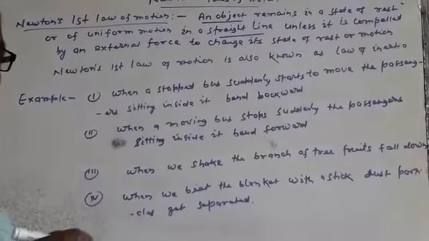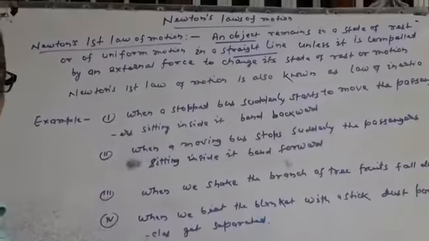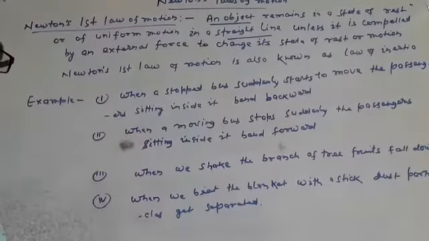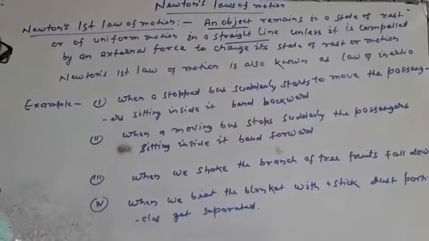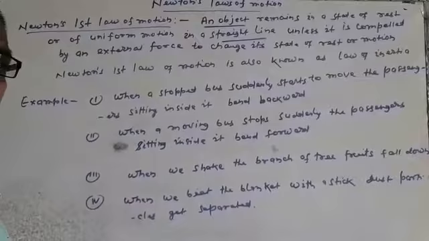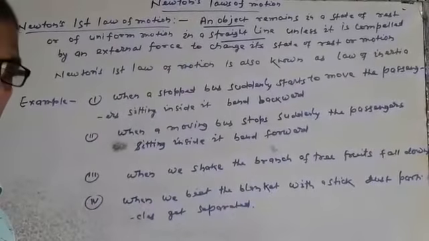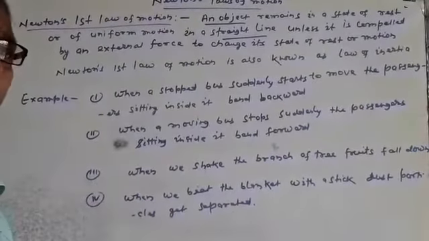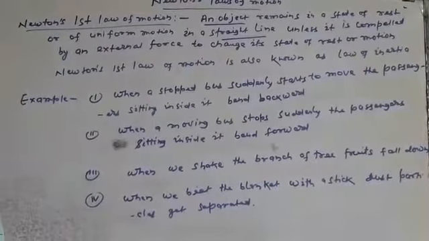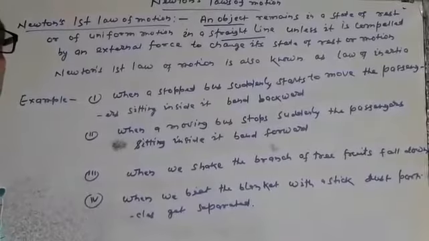The book will come into motion when we apply force externally. If a cycle is moving on the road, it will be in motion uniformly. When we apply brake, it will stop or it may be slowed down. So it is a very simple example from our daily life.